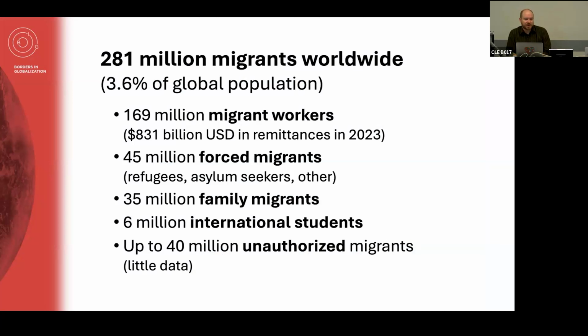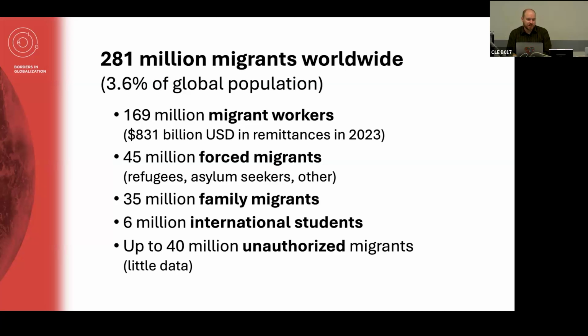And of that number, the large majority of them are migrant workers, people whose primary purpose for crossing the border and residing in another country is employment, with something like 169 million migrant workers. This amounts to a lot of remittances as folks send money back to their home country, an estimated 831 billion US dollars in remittances in 2023. For many countries, remittances are a major part of their economy.